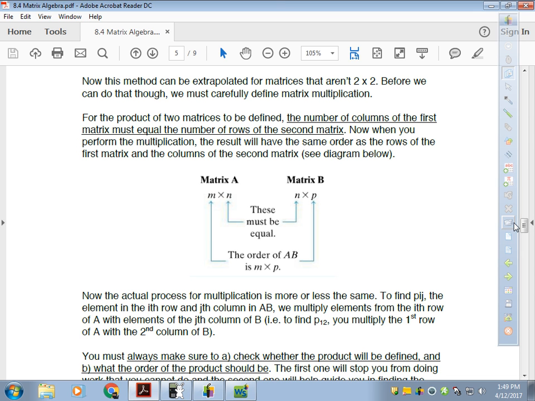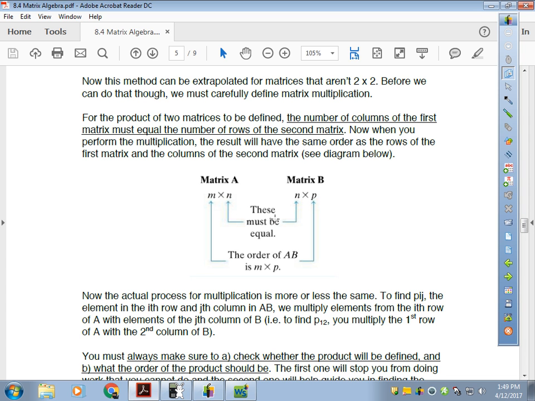Well, there's actually something you have to check first. Sometimes you can do matrix multiplication and sometimes you cannot. So in order to tell whether you can or cannot, you have to look at the orders and do a little bit of a comparison. So let's say that matrix A is m by n and matrix B is n by p.